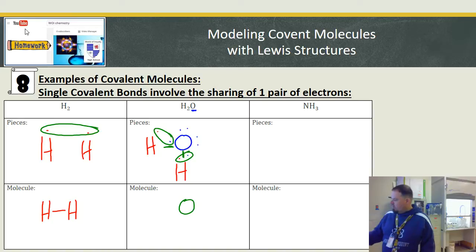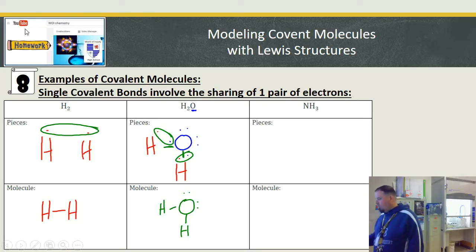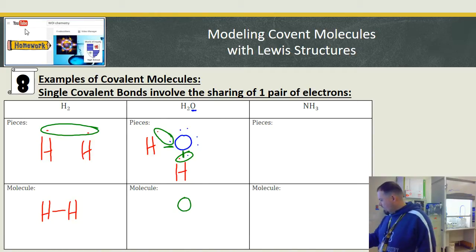So start with my O, put a bond down to my H and a bond to my H. Bring in my lone electrons, and there is a very sloppily drawn water. Okay, the bonds don't need to be touching the elements, but they do need to be the only thing in between the elements.